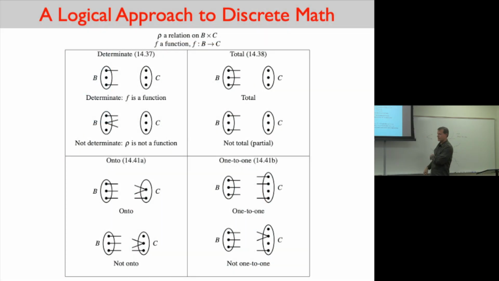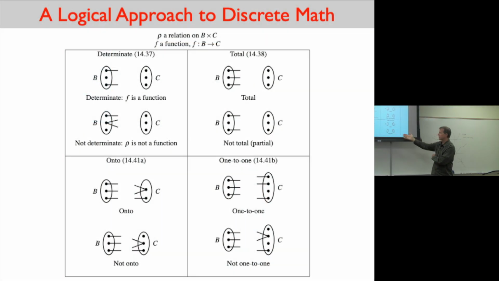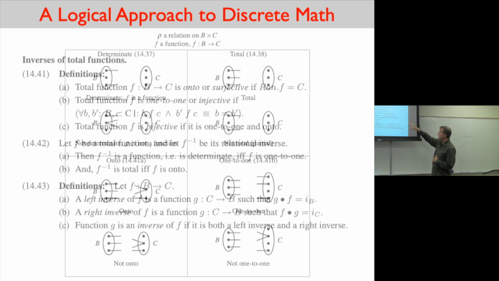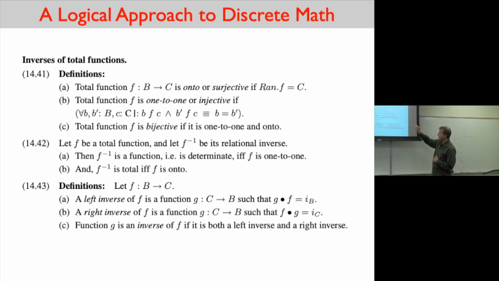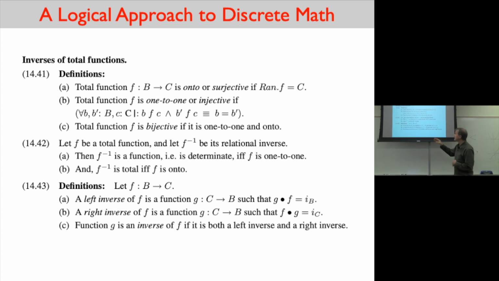This picture is the mathematical definition of one-to-one. Now another word for one-to-one is injective, and onto is surjective.